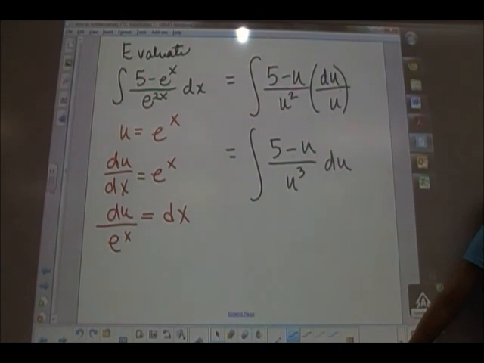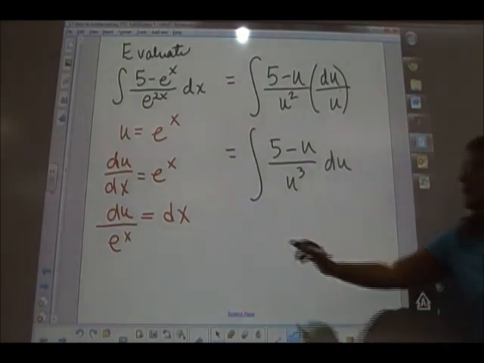On the sheet? No? Can you do any algebra to it? You could bring the u up, or you could do some fourth grade math, hint, hint, fourth grade math. 5 over u cubed minus u over u cubed.